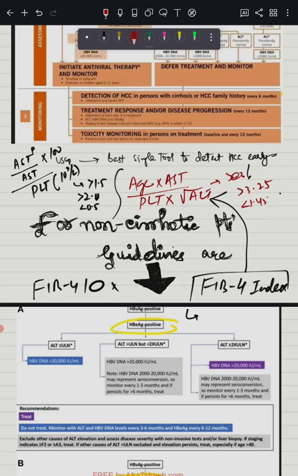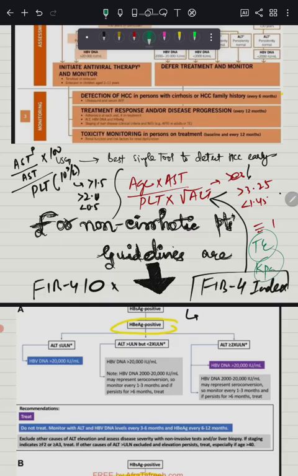Another is fibroscan, that is transient elastography. So fibroscan is also called transient elastography. This is the echo for liver stiffness, like a sonar gun firing waves to assess fibrosis. Output is given in kilopascal, that is kPa.